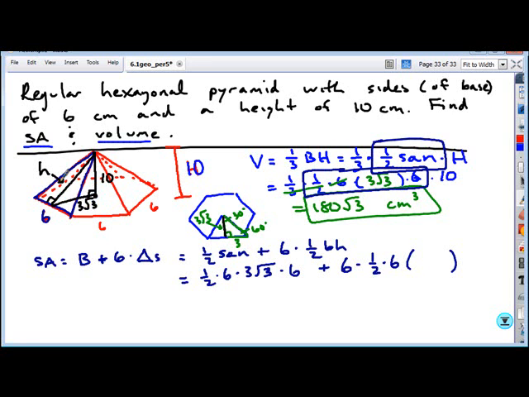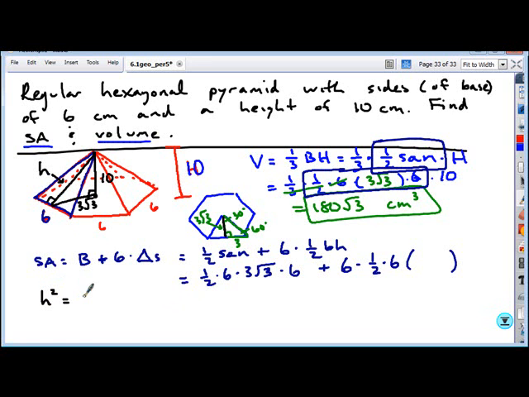Now for our h value, we have one missing side of a right triangle. Anytime you have two sides of a right triangle and you need to find the third side, don't think of trig ratios or law of sines, law of cosines. Think more simply: it's just the Pythagorean theorem.